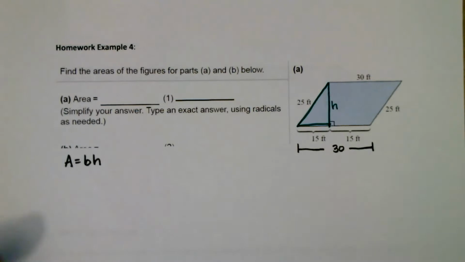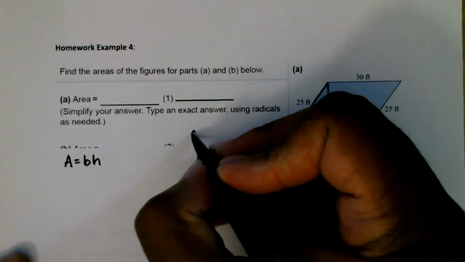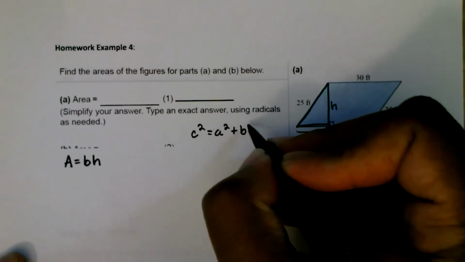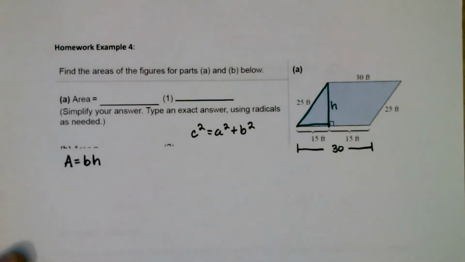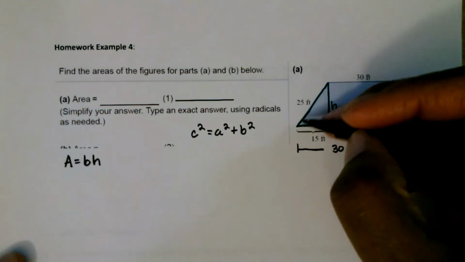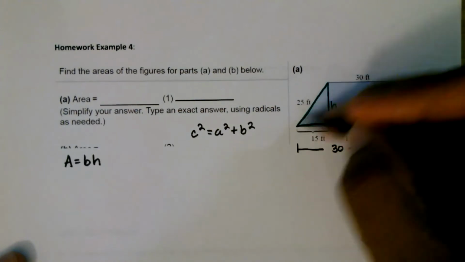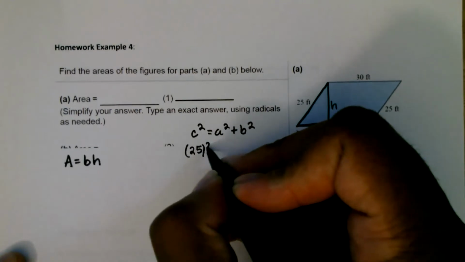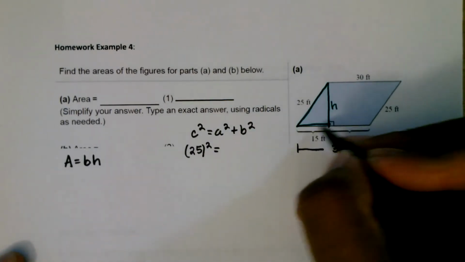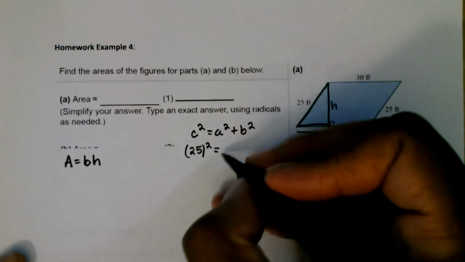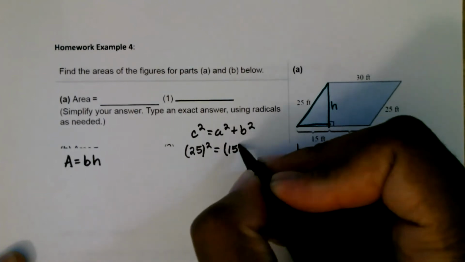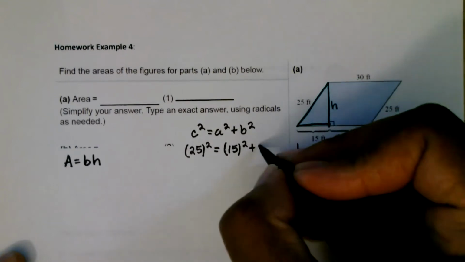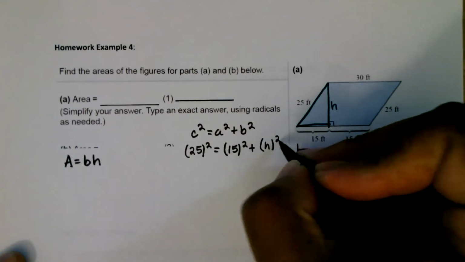So let's use the Pythagorean theorem, which is c squared is equal to a squared plus b squared. Here the c, which is the hypotenuse, is 25, and that's squared, is equal to a, that's 15, squared. The b is going to be that h, so I'll substitute that with the h and then square.